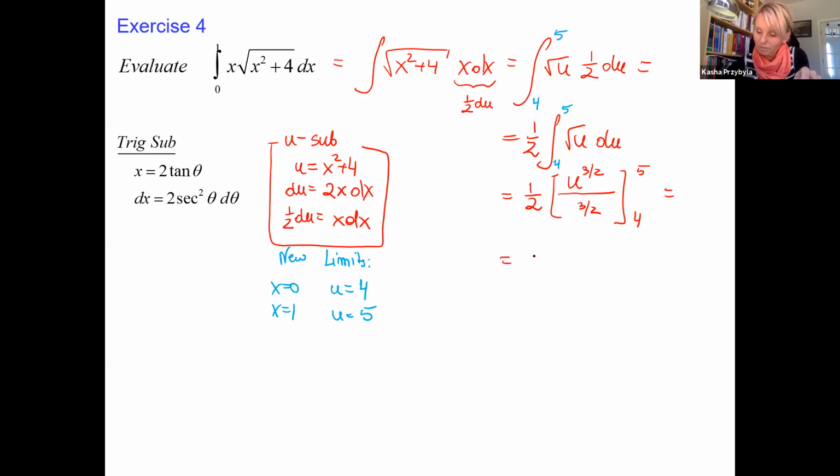Okay, I can flip this. This will be 1/3. And u to the power of 3/2 is square root of u cubed. Makes sense? And also I can rewrite it as u square root of u.